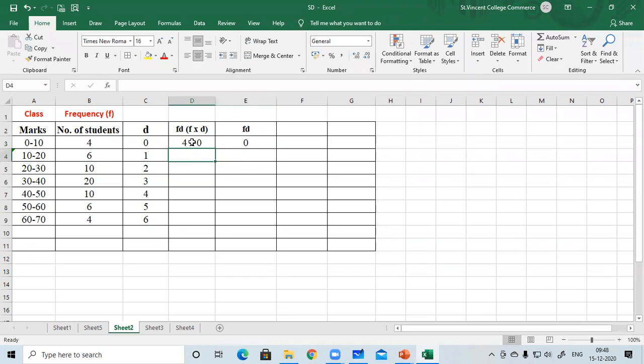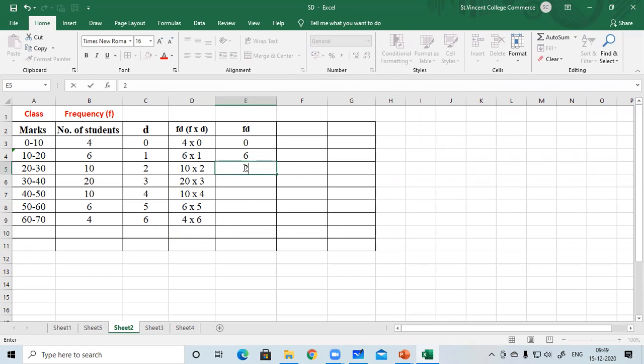Correct. Don't say 4. It is a common mistake. Many people make the mistake of writing 4 into 0 is equal to 4. Since we see 4 first, 6 ones are 6. Next is 10 into 2, the next one is 20 into 3, 10 into 4, 6 into 5, and you have 4 into 6.